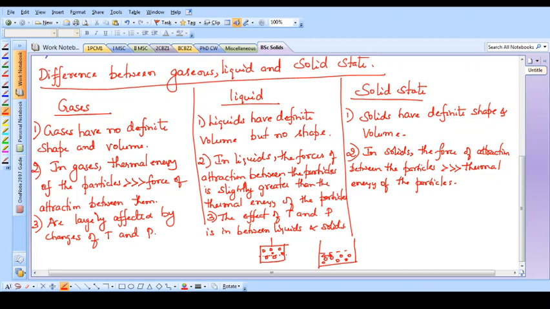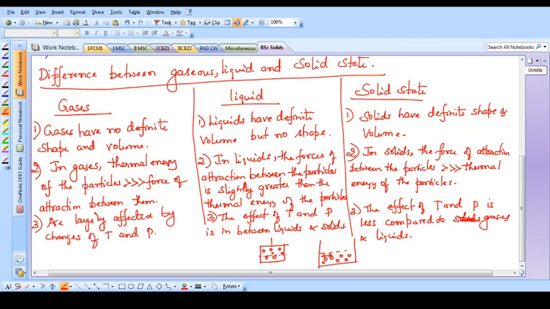Whereas in the case of solids, the effect of temperature and pressure is less compared to gases and liquids.